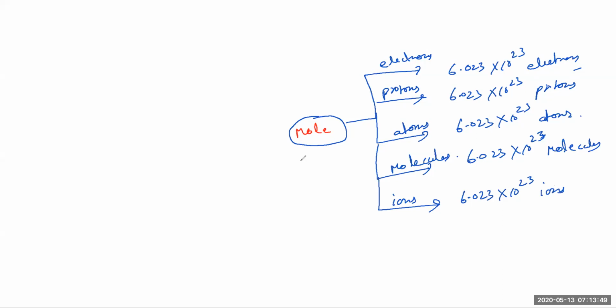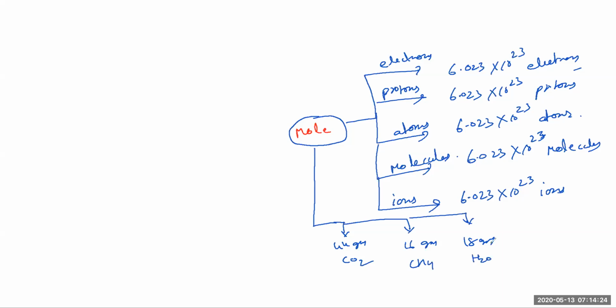Right? But the mole also can be expressed in the weight fraction also. See this, how it is. This is 1 mole. 44 grams of CO2 is the mole, right? Weight of the substance again 44, by 44 it is the 1 mole only. Or 16 grams of CH4 methane. Or 18 grams of H2O, right?